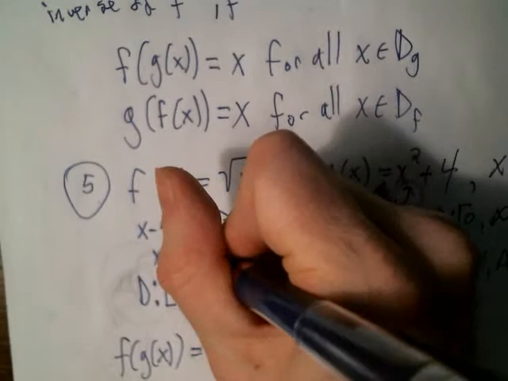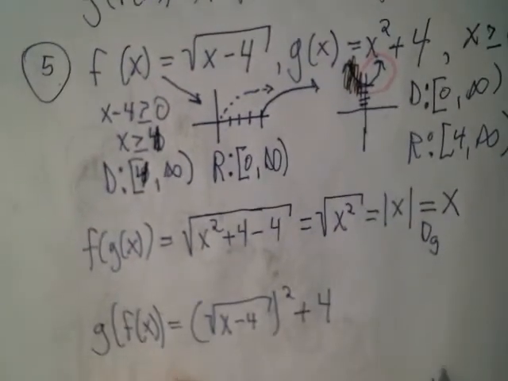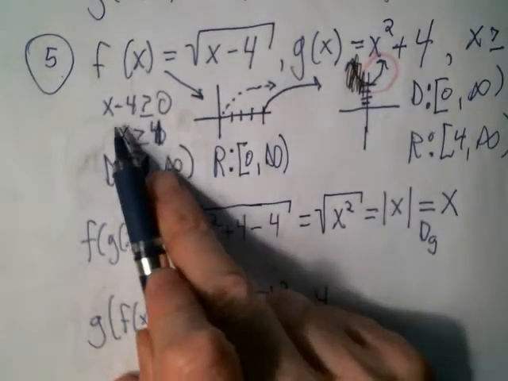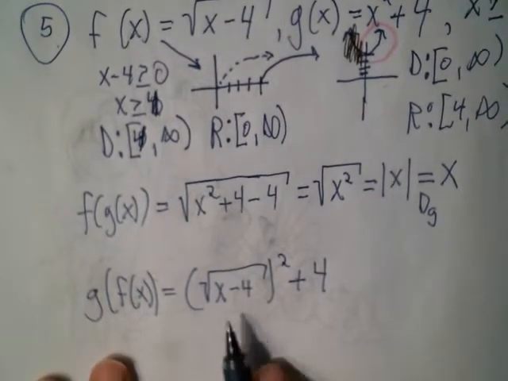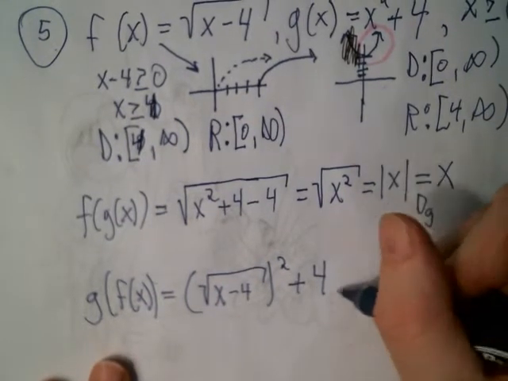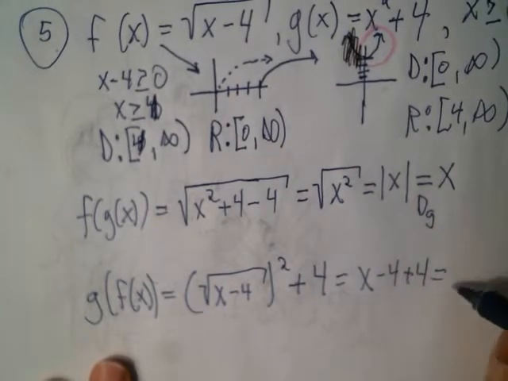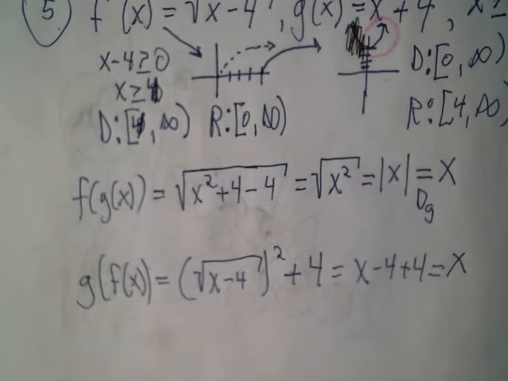So this has to be x greater than or equal to 4. Add 4 to both sides of the inequality, what do you get? Well, you get x greater than or equal to 4 over here. Great. As long as you're in that interval, this is fine. You could square it, and you'll end up with just x minus 4, and carry over the plus 4, and definitely that'll work for all x's in the domain of f.